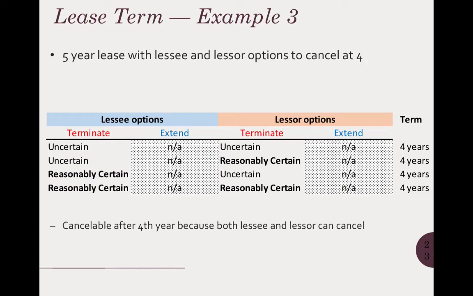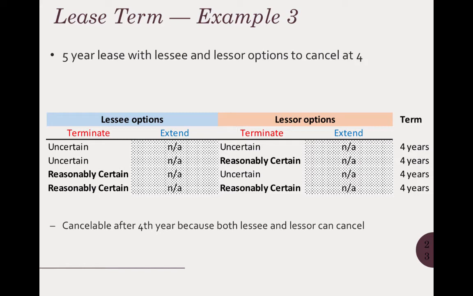Here's a third example. The lessee and the lessor both have the option to terminate after the 4th year. So if it's uncertain whether either one of them will exercise, then it's going to be 4 years, and that's because, as I told you before, if you have these situations, these cancelable periods, then they don't get included in the lease term.